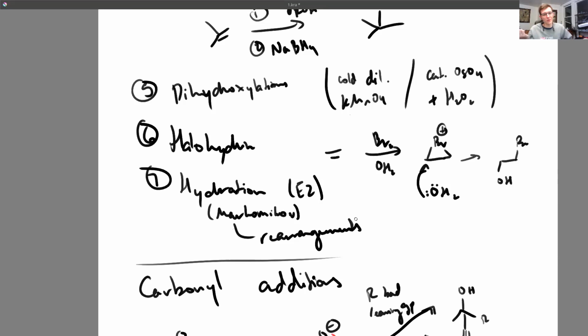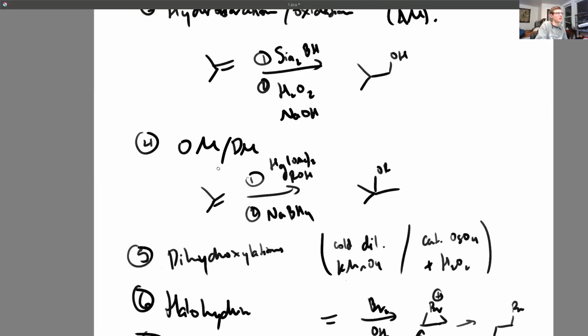The thing is that it's really easy to miss when there might be a rearrangement, especially if you're doing your own synthesis, so it's better to just consistently go with oxymercuration, demercuration. If you do miss a rearrangement, that's going to really come back to bite you. So it'll be better to just stick with these guys up here.